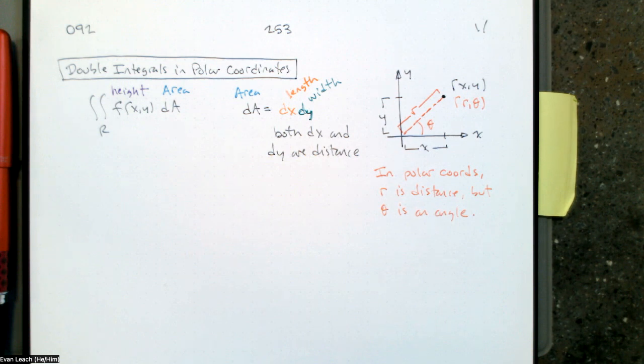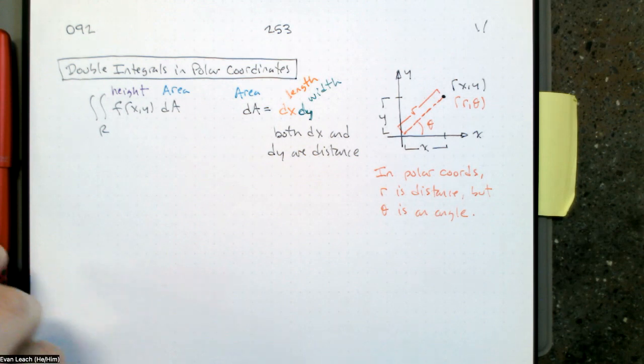This is the issue that we need to deal with today. r is a distance, but theta is an angle. The reason that this is relevant is that if I write dr d theta, that doesn't represent an area. So when I write the expression dr times d theta, this is not an area.